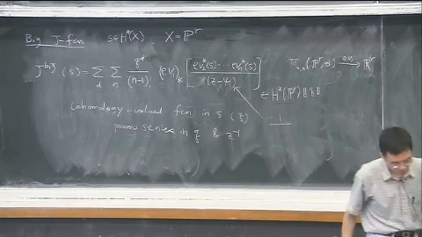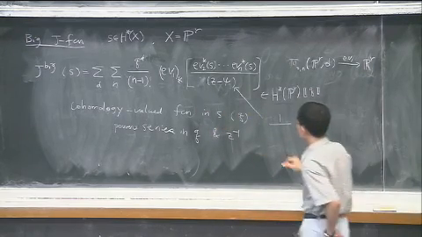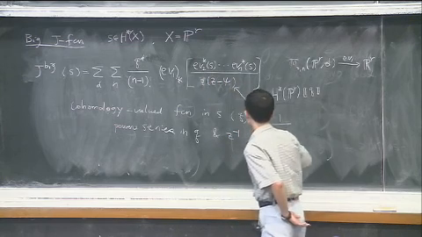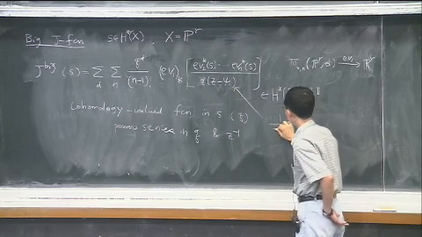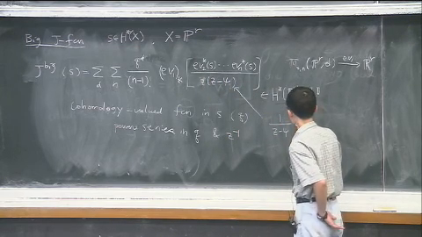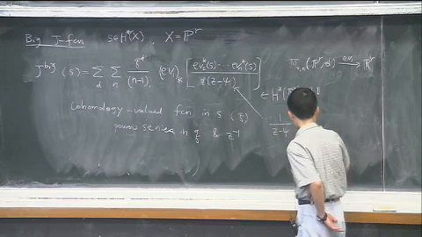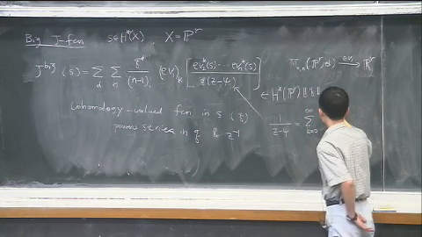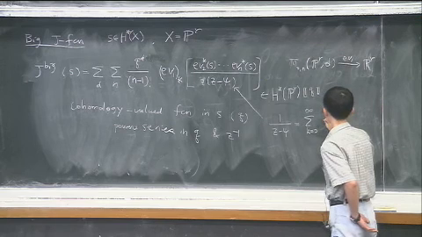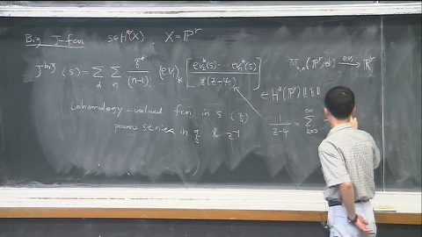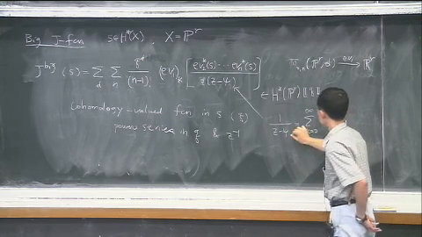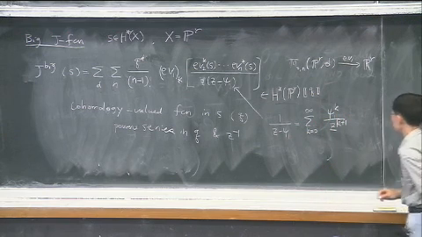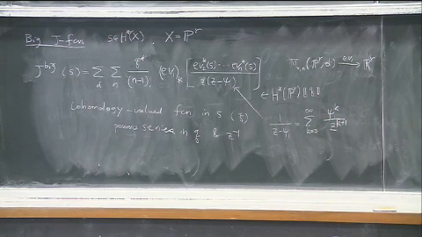Do I use 2? Yeah, I use 2. I don't know why. What I mean by Z minus psi is that I do this as a power series expansion. So this is psi 1, psi 1, etc. That becomes a power series in Z inverse. So this is the big J function.